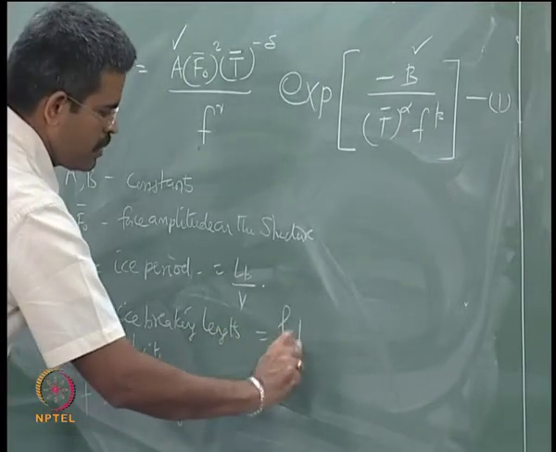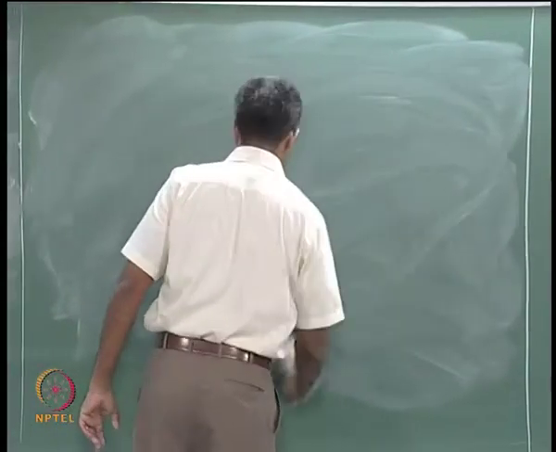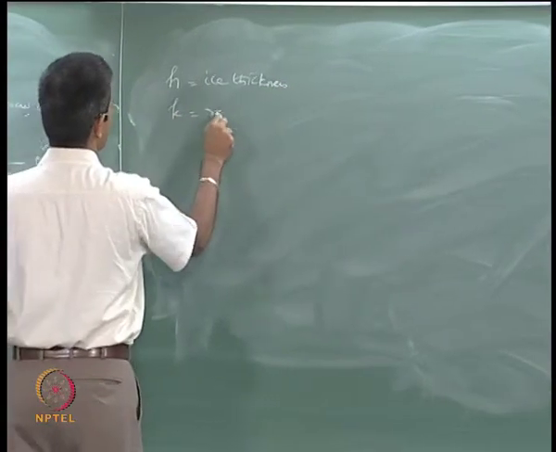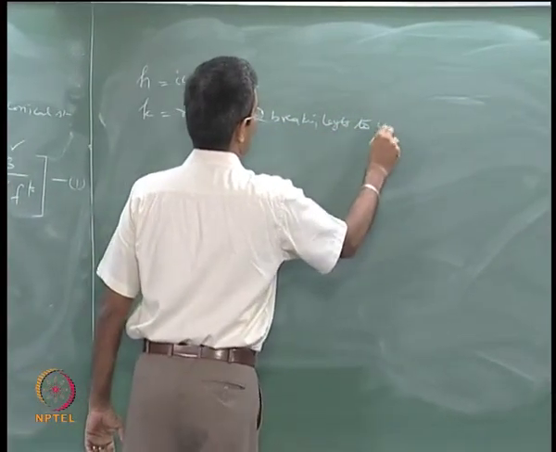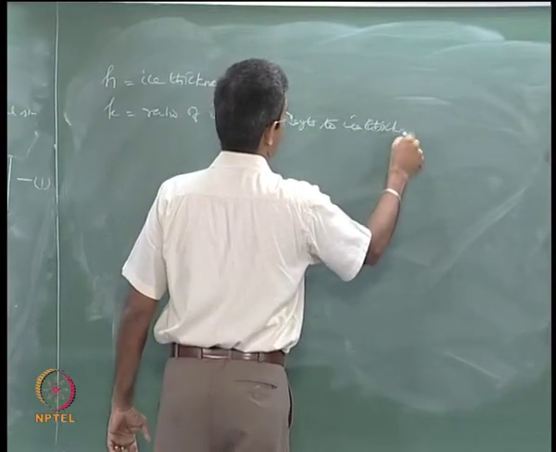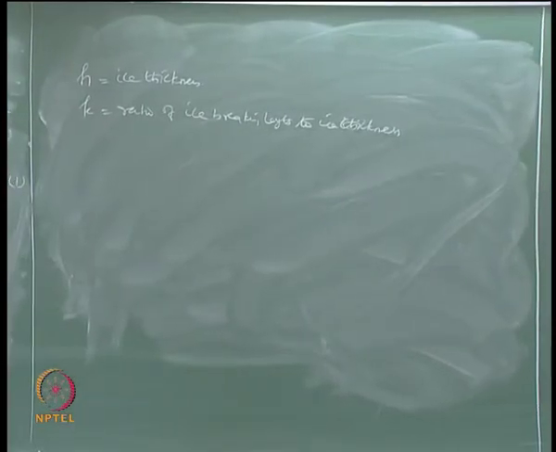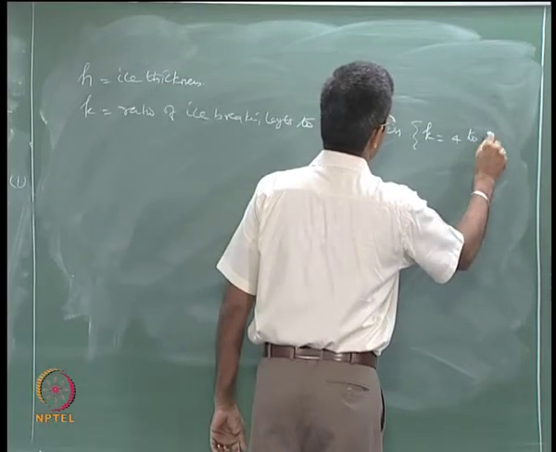LB is also given as K H, where H is called ice thickness and K of course is the ratio of ice breaking length to ice thickness, which is usually a value between 4 to 10.